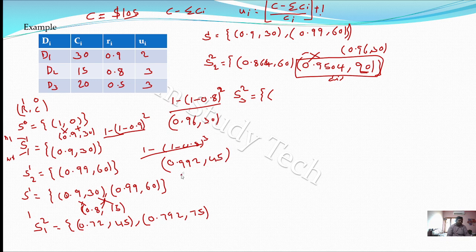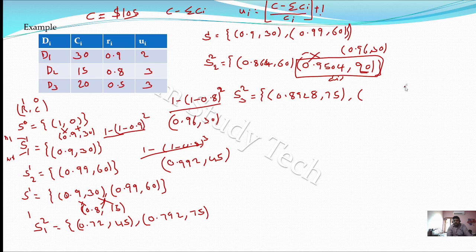You can multiply this: S1 is 0.9, so 0.992 into 0.9, and 0.992 into 0.99. Then the costs are 30 plus 45, which is 75, and 60 plus 45, which is 105. So it is 0.8928, comma, 45 plus 30, that is 75.